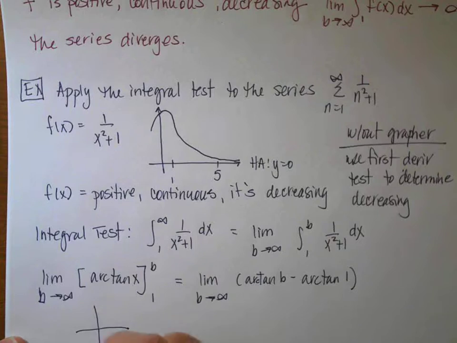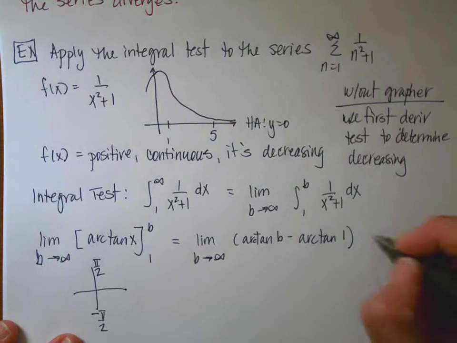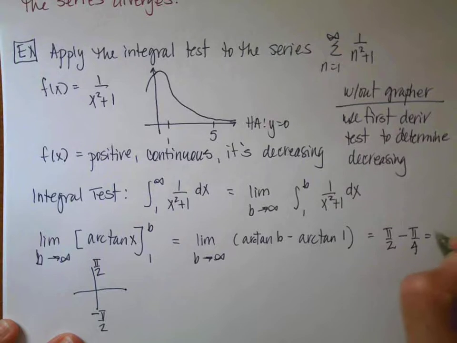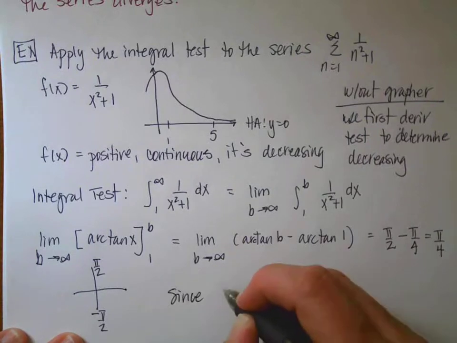And then if you remember, arc tangent goes from negative pi over 2 to positive pi over 2. So the maximum value that b could be would be pi over 2. So then this is going to be pi over 2. The arc tangent of 1 is pi over 4. And so this is equal to a specific value, pi over 4.